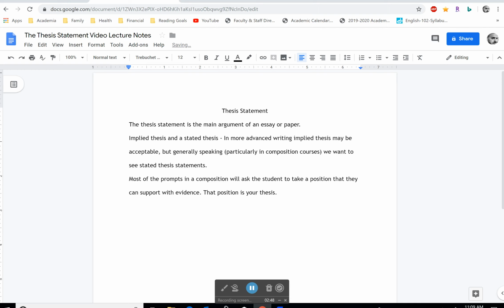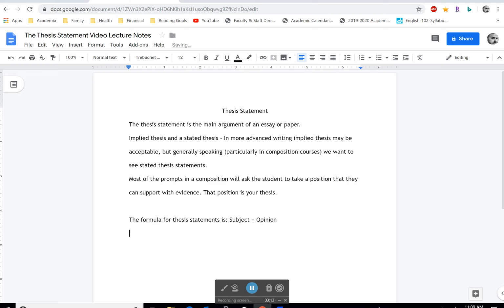When I first started learning how to teach composition classes, one of the things that was taught to me was a formula for thesis statements. The formula for thesis statements is subject plus opinion.